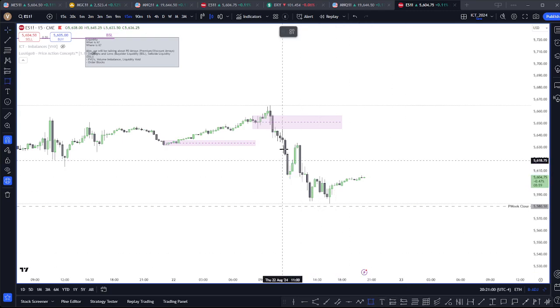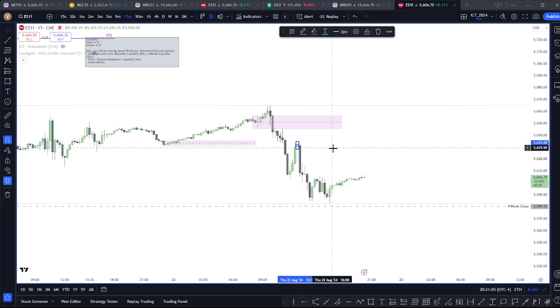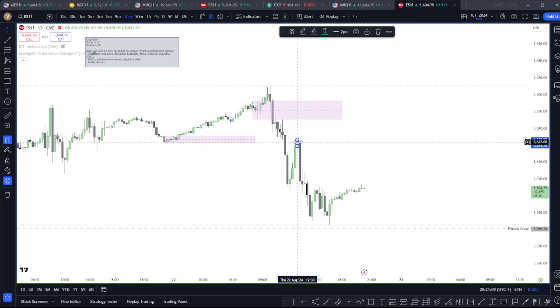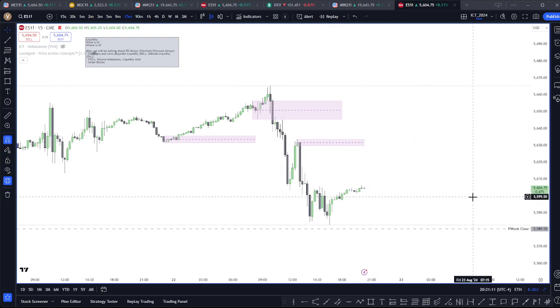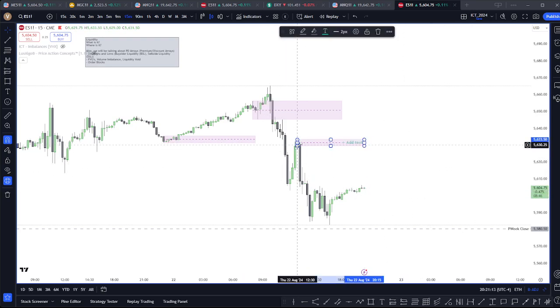Or you can only look at the top one also if you want and use that as a basis, the topmost candle. So this will either become a breaker block, because if it tries to go higher and then comes back down, sorry, this will become a breaker block.